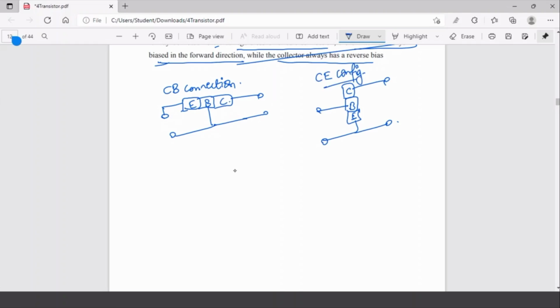And common collector means that the collector is common here. So what will that connection look like? It is just the opposite. Here it is collector, base and emitter.